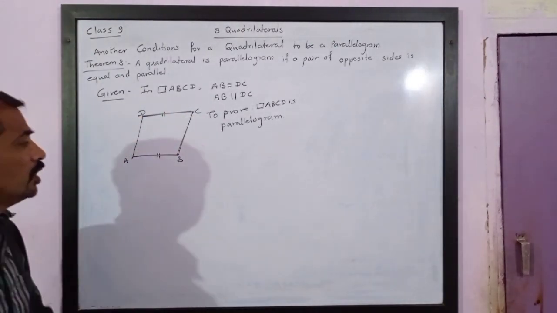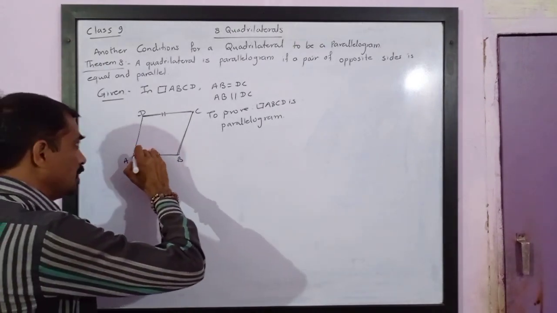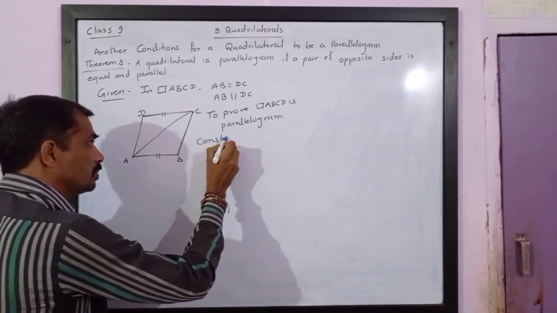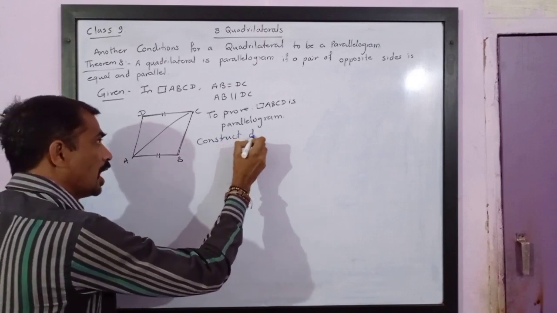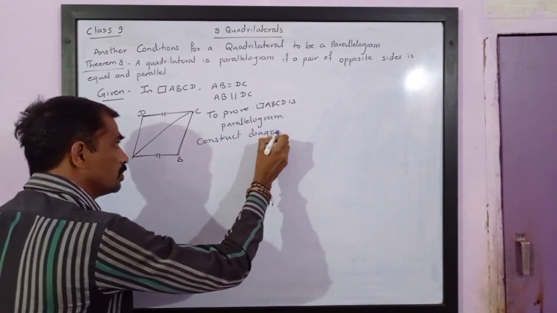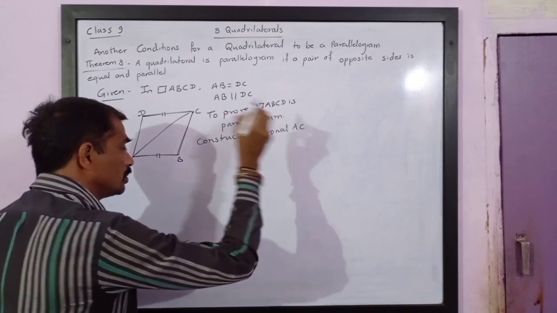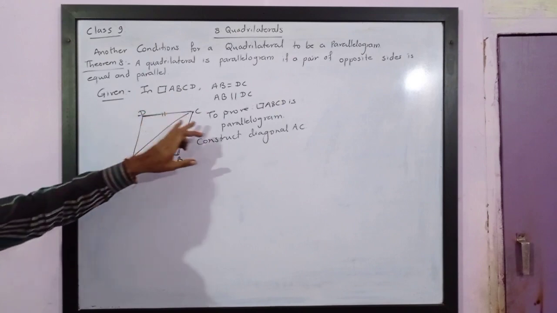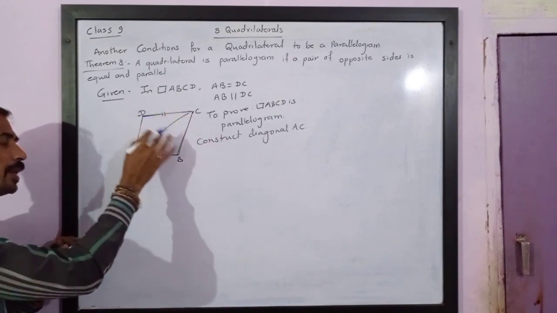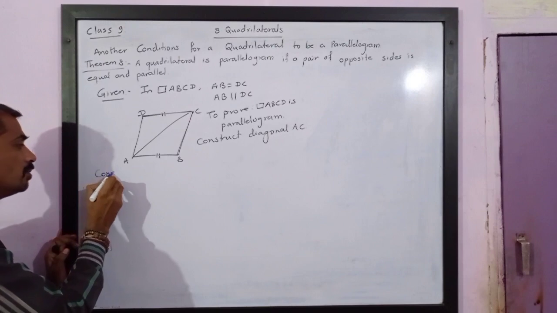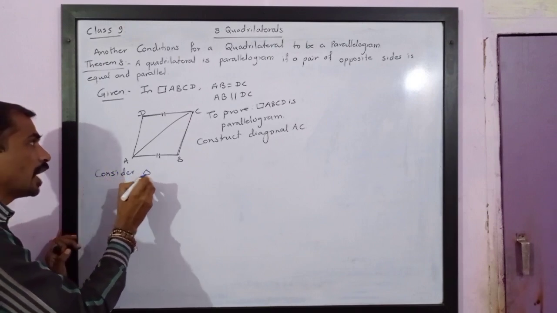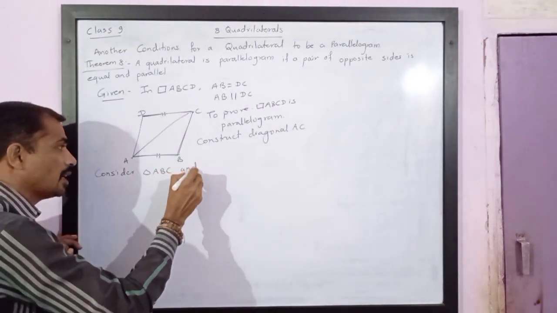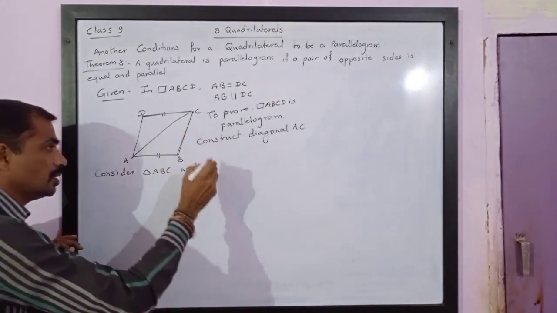For this, we need to construct one diagonal, AC. Now, in order to prove that quadrilateral ABCD is a parallelogram, we consider two separate triangles: triangle ABC and triangle ADC.